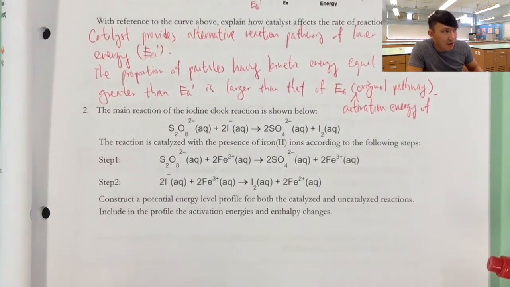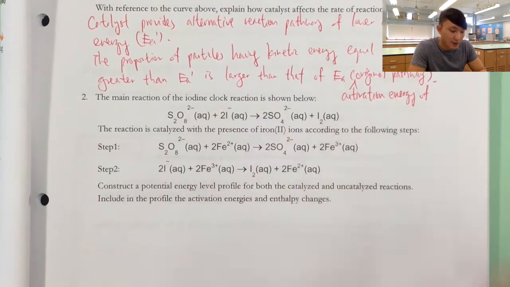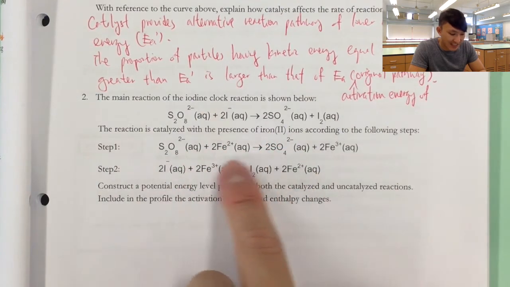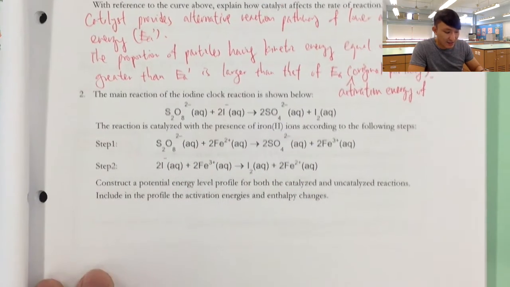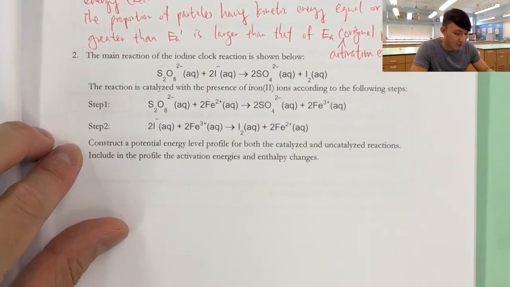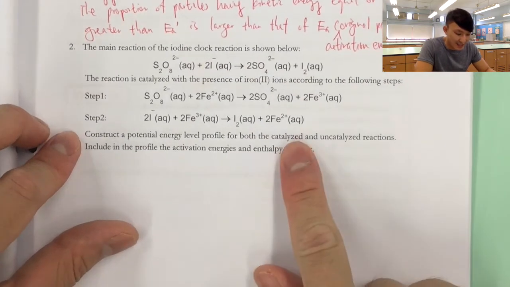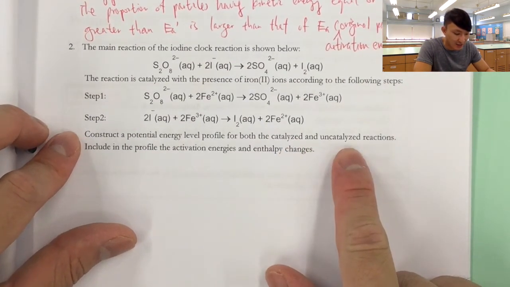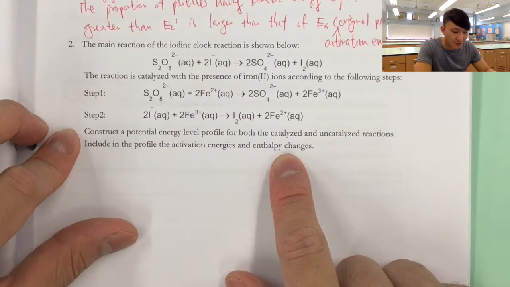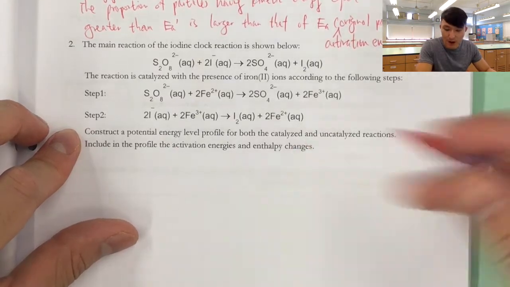Now question 2 down here. We have an iodine chloride reaction, and this is the main reaction. In the presence of Fe2+, the reaction is catalyzed. Now you have to construct a potential energy level profile, basically the energy profile, for catalyzed and uncatalyzed reactions, indicating the activation energies of both pathways and also the enthalpy changes of both pathways.